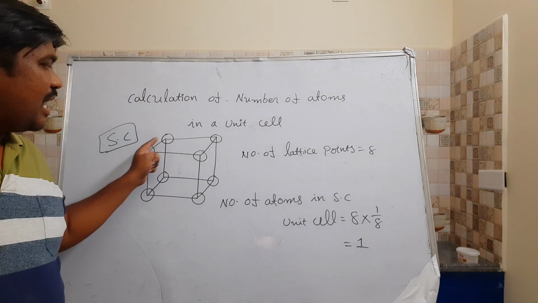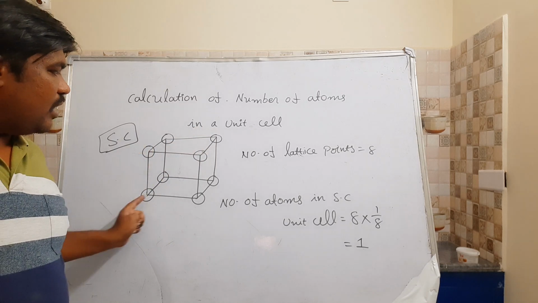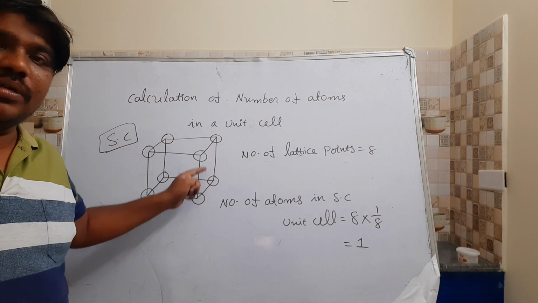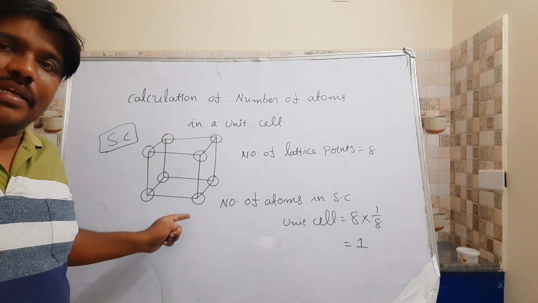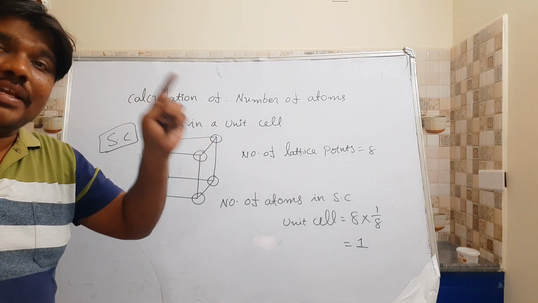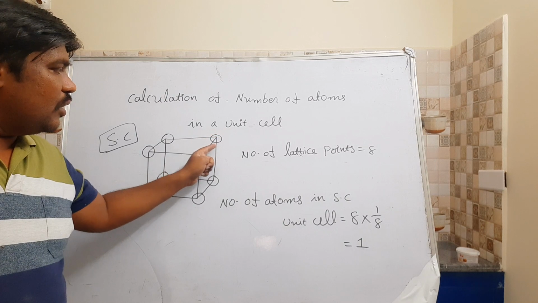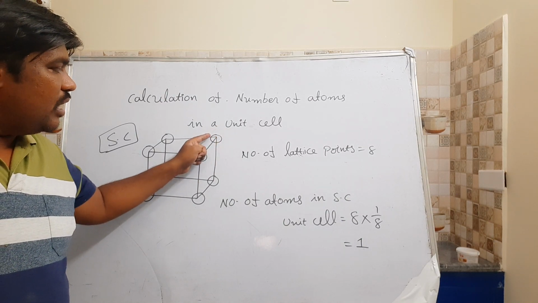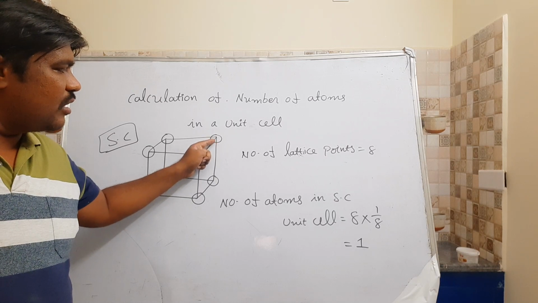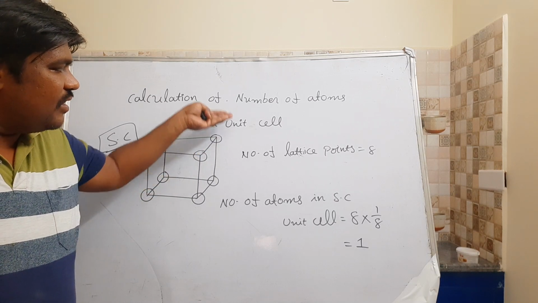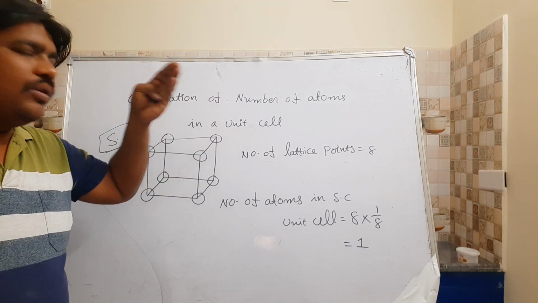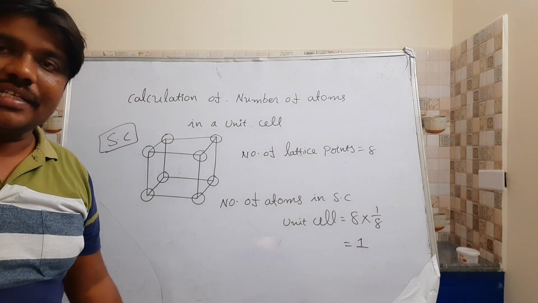These are all lattice points belonging to the simple cubic unit cell. But memorize, the whole lattice point does not belong to this unit cell. Only 1 by 8th part belongs to this unit cell. The rest of the lattice point is contributed to other unit cells in the crystal lattice.